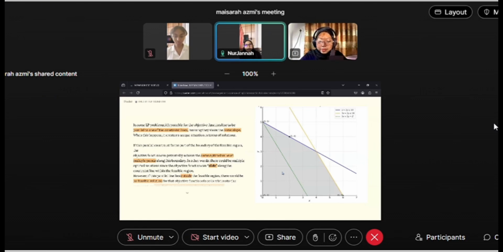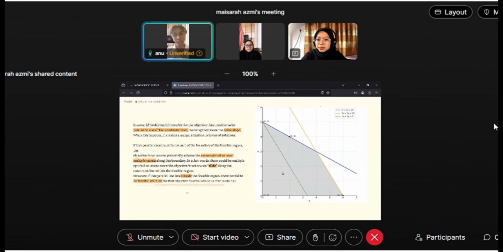Here, the objective is to maximize z equals 3x plus 2y, and we have these constraints. The first constraint is x plus 2y less than or equal to 10. The second constraint is 3x plus 2y less than or equal to 18. The third is x greater than or equal to 0 and the fourth is y greater than or equal to 0.